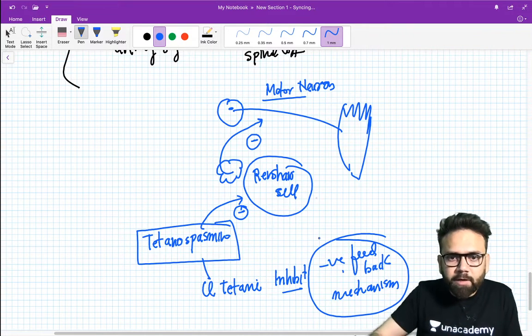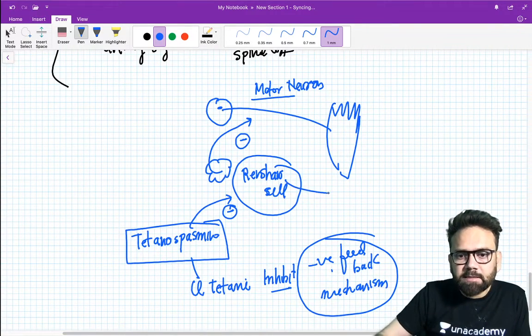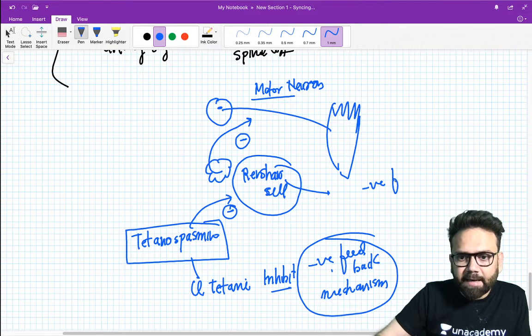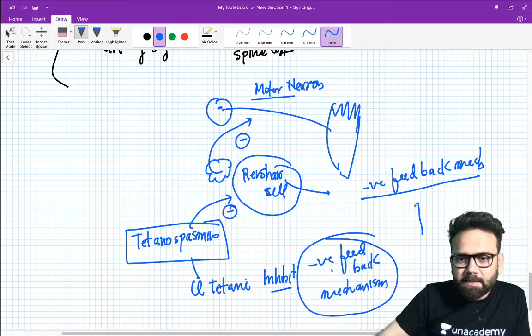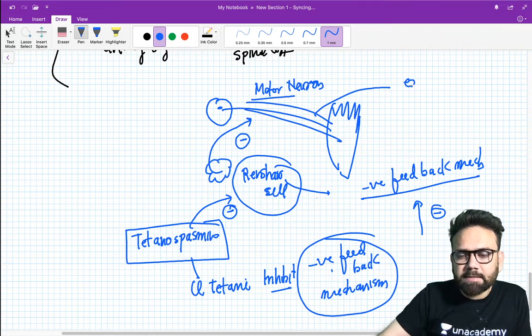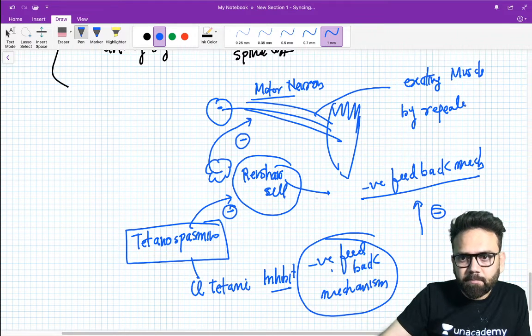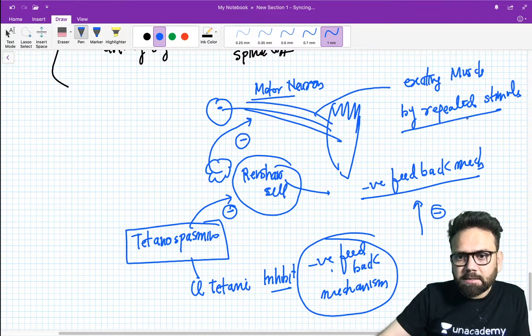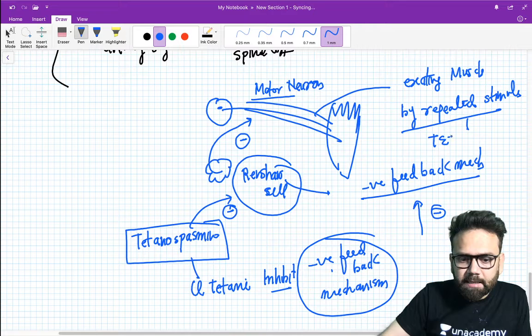If the Renshaw cell is causing the negative feedback mechanism, then if you inhibit it, this will keep on exciting the muscle by repeated stimulus. It will give repeated stimuli, and this can cause tetanus.